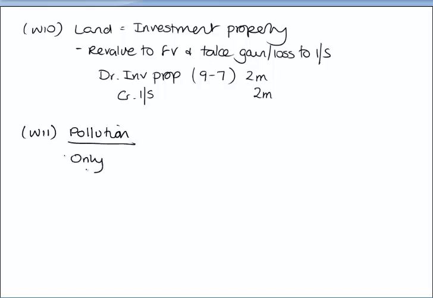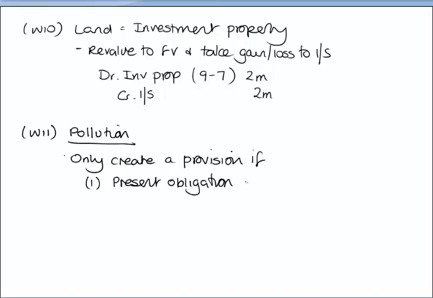We only create a provision if, firstly, we have a present obligation due to a past event. Now, the past event is the pollution that we've created.